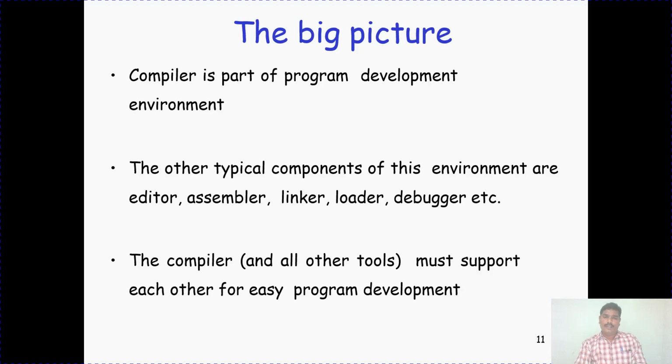The other typical components of this environment are editor, assembler, linker, loader, and debugger, which were previously discussed. The compiler and all other tools must support each other for easy program development. These are the OS components; basically these are the tools.